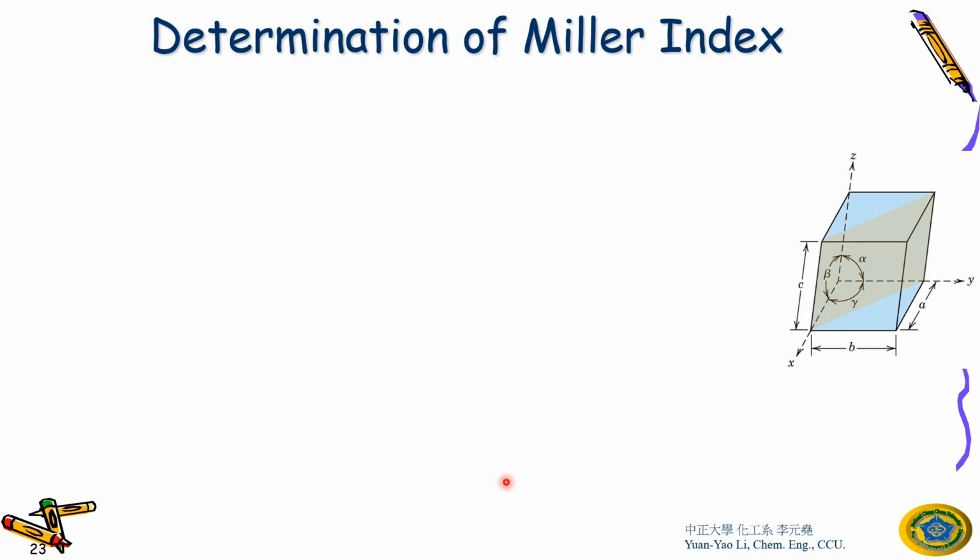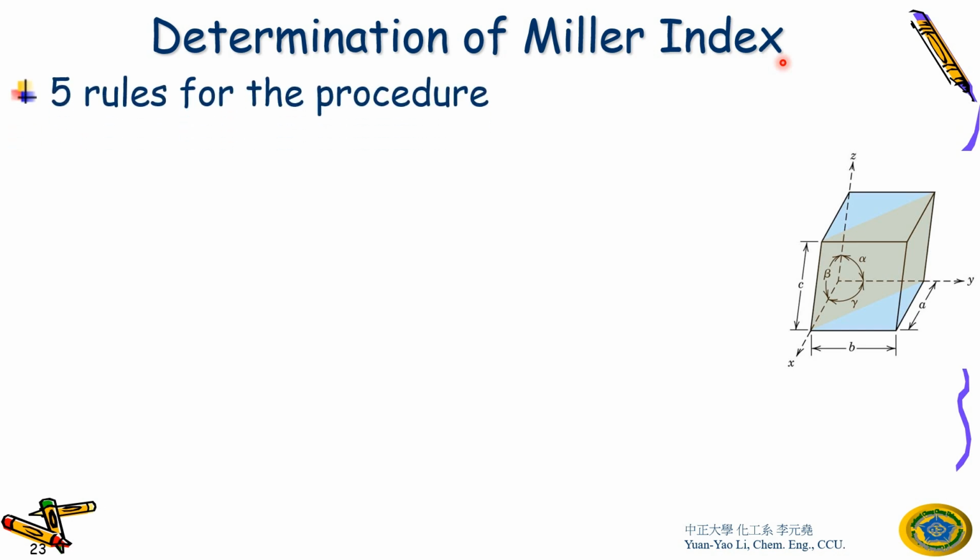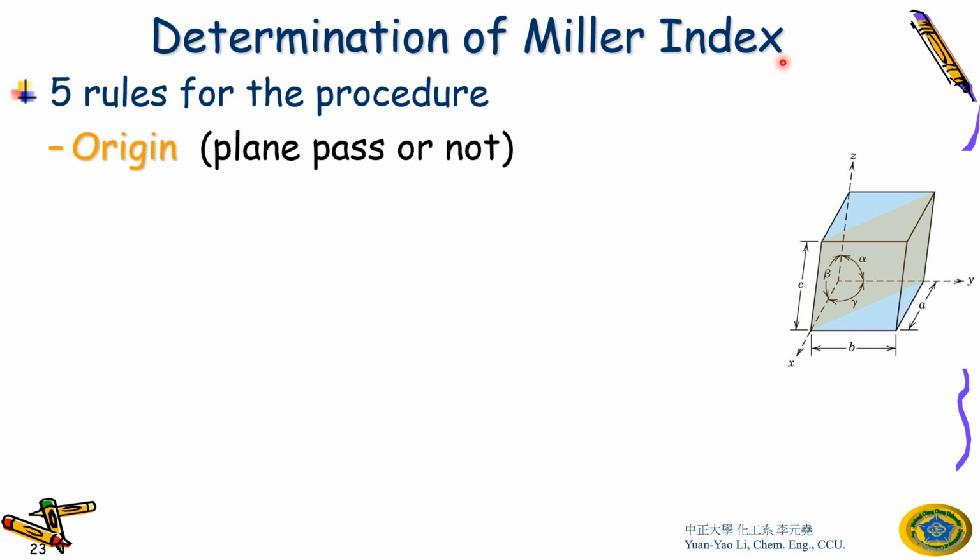The determination of a Miller index, a set of numbers we call Miller index, has 5 steps. Remember, 5 steps, the 5 rules for the procedure. The first one: the plane cannot pass through the origin.